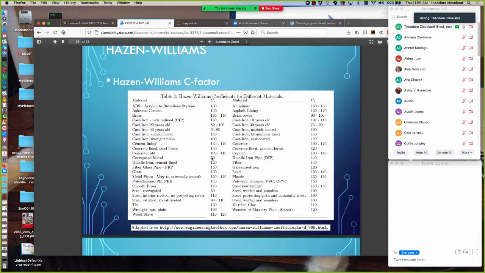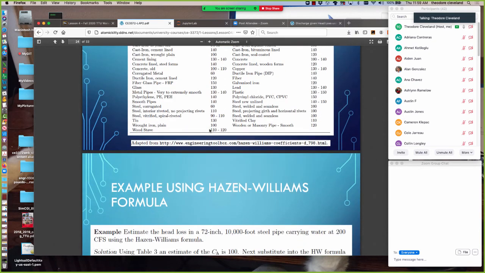So a new pipe has a high Hazen and Williams coefficient, 130, but after 40 years and it's all clogged, it's dropped here in this case to 64. So keep in mind that in the Hazen and Williams model, the value of the loss coefficient goes down for increasing friction, which is opposite of friction factor.